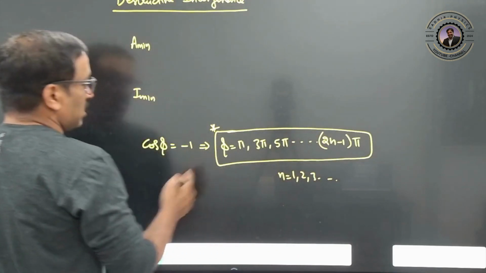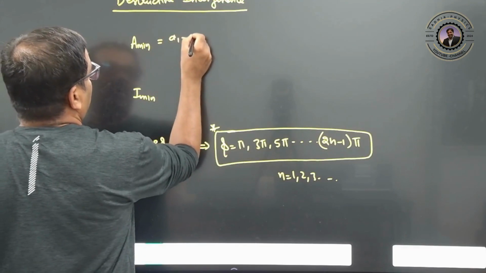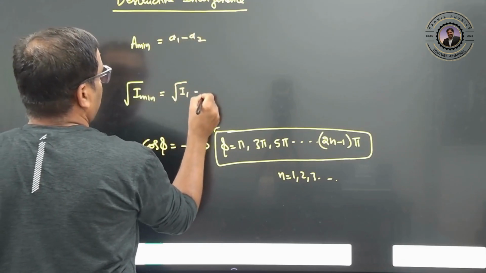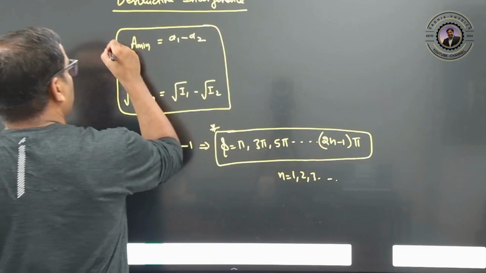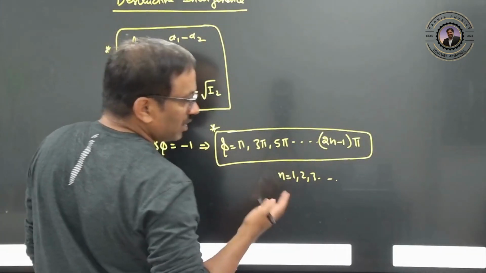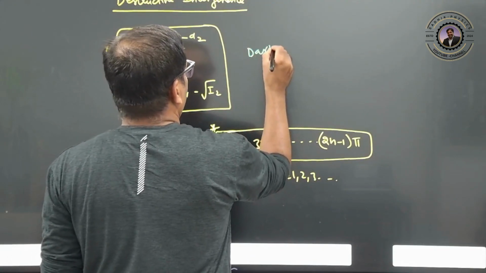So this is your minus 1. Minus 1 gives A1 minus A2, and the intensity is I1 minus I2. Clear? This is your minimum intensity. Minimum intensity means no light, so that creates a dark fringe.